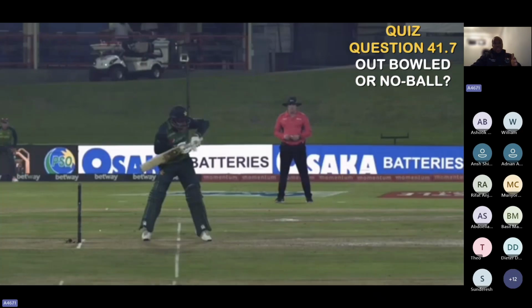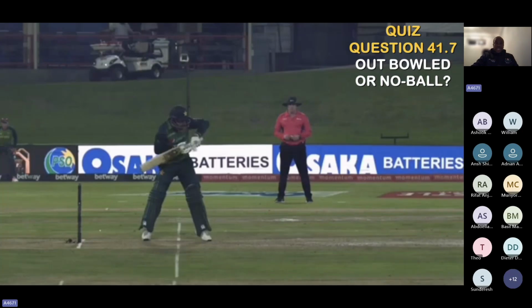And because that full toss was directed at the striker, it was likely to cause injury. Ngidi should have been issued with a first and final warning for a no ball full toss above waist height directed at the striker, likely to cause injury, as per the law that Abdullah described to us earlier.